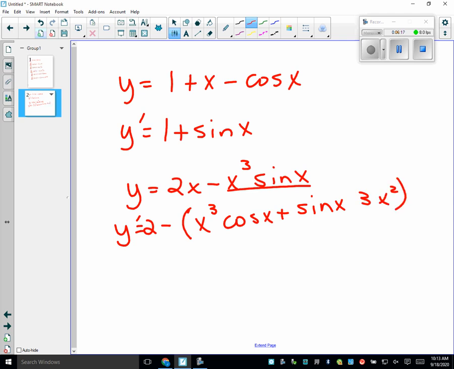So my derivative is 2 minus x cubed cosine x minus 3x squared sine of x. Notice I moved my 3x squared out front. That's pretty cool. That's not bad, is it?